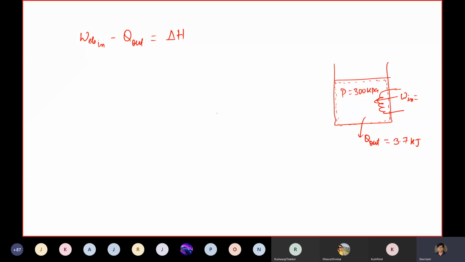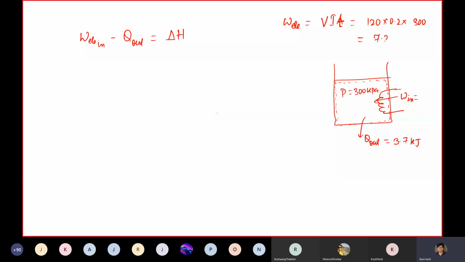And this W electrical we can separately calculate: it is voltage times current times the time, VIt, and this is 120 times 0.2 times 300 seconds, because it was, I think it was 12 minutes. No, it was around 5 minutes. Okay, so 300 seconds. So it comes around 7.2 kilojoules.